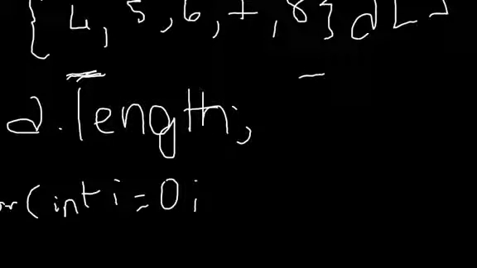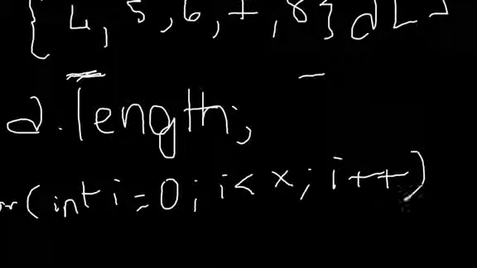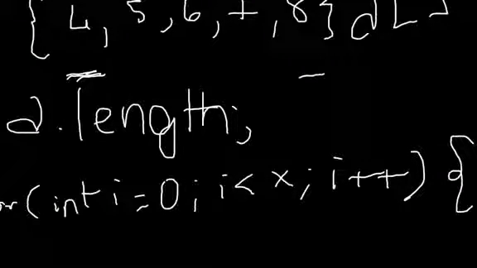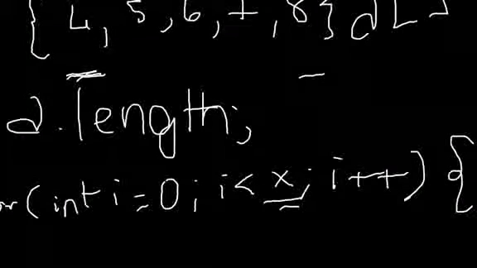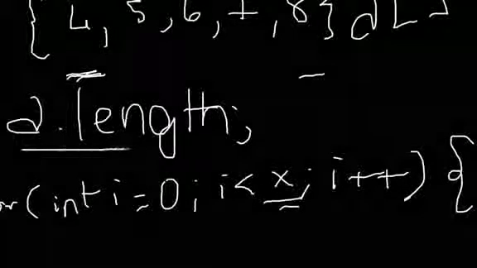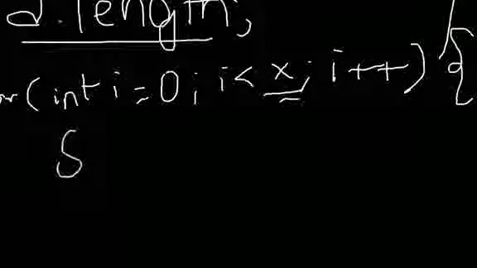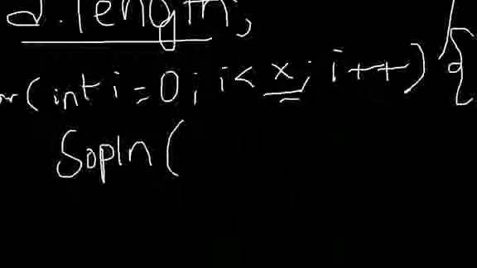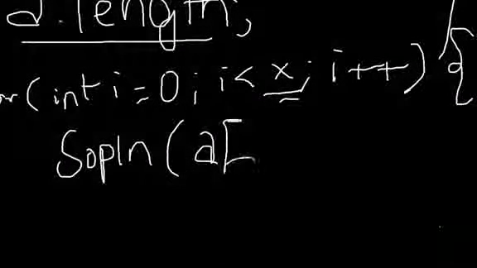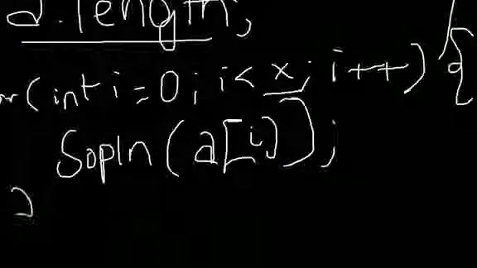So i less than x, i plus plus. We use less than x because we've assumed x stores the value of a dot length. And here all you have to do is System.out.println a i.